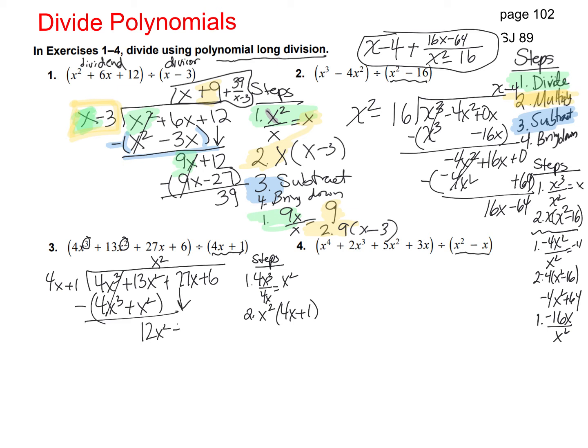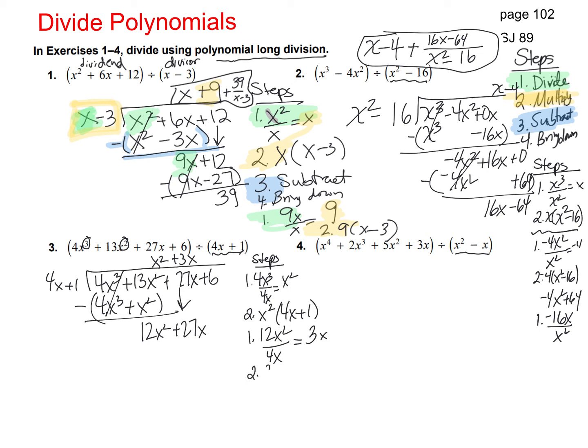I'm going to bring down the next term. I'm going to divide 12x squared by 4x. And that would be 4 goes into 12 3 times, x goes into x squared x times. So positive 3x goes up top.